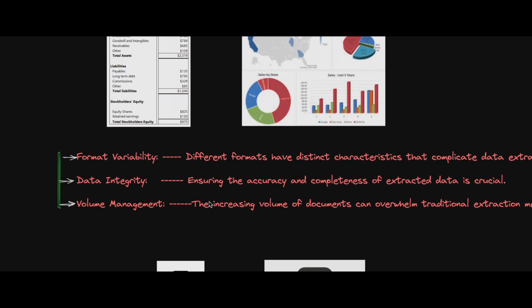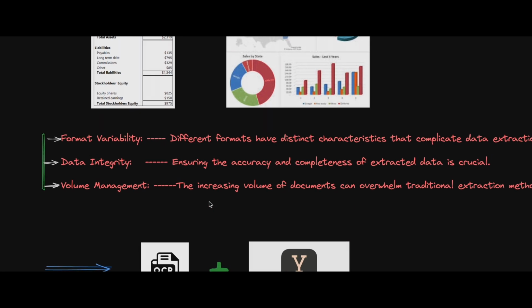Majorly there are three kinds of problems we face. First, format variability: different kinds of documents will have different kinds of formats, and that will be a problem, right? Second, data integrity, which means somewhere there is incompleteness in your context.